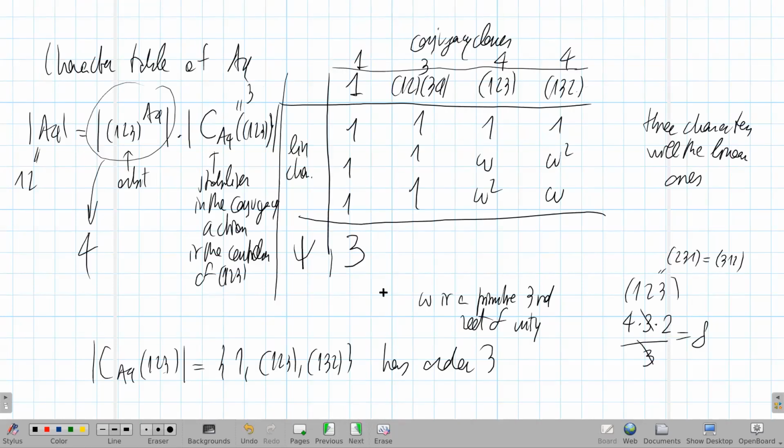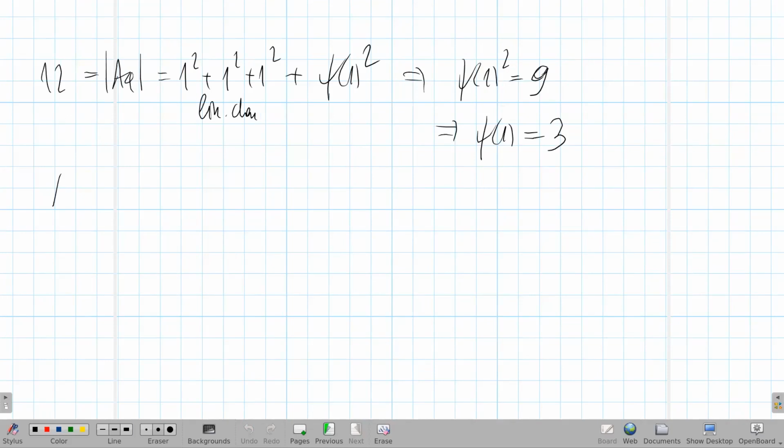But how do you compute psi? Well, it's very easy, because A4 is 2-transitive on omega equals {1, 2, 3, 4}, because remember that A_n is (n minus 2)-transitive.